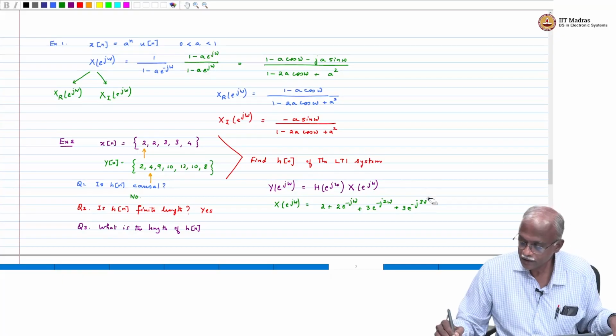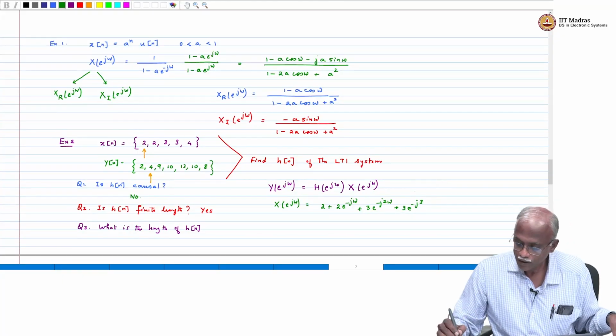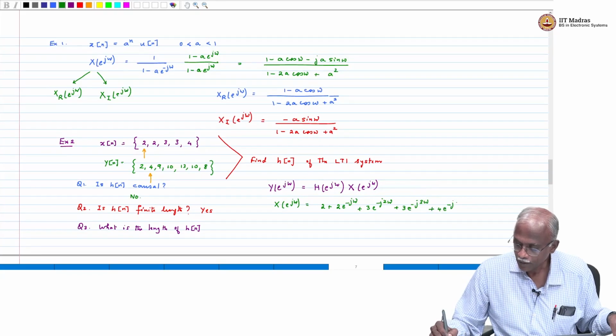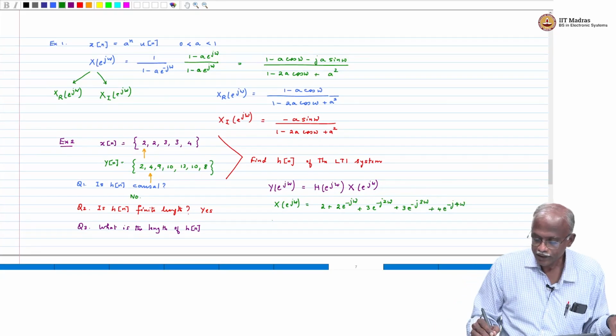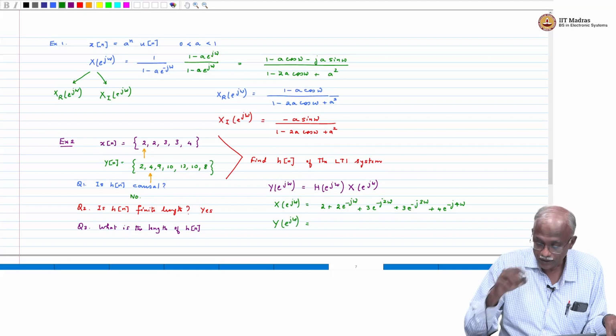And then the last term, 4 e power minus j 4 omega. Similarly, you can write down y e of j omega, because you have a non-causal term.